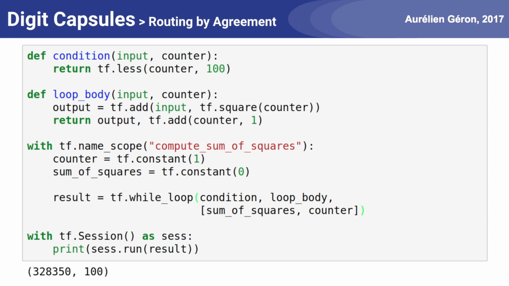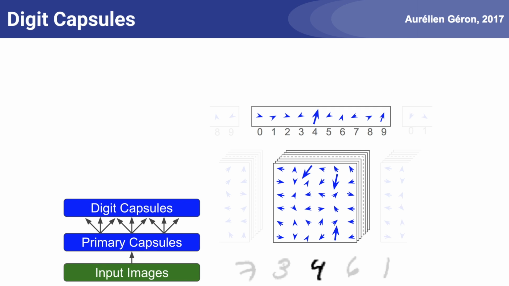Since CPU RAM is much cheaper and abundant, this can really be useful. And that's it. We've computed the output of the digit capsules. Cool. Now the length of each output vector represents the probability that a digit of that class is present in the image.